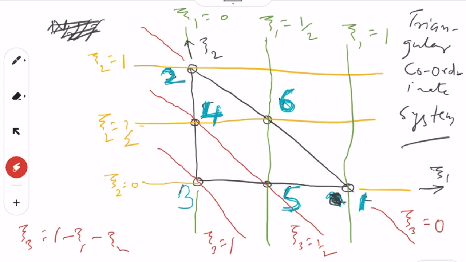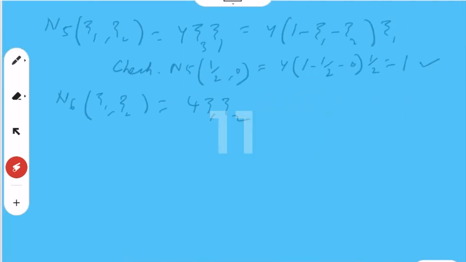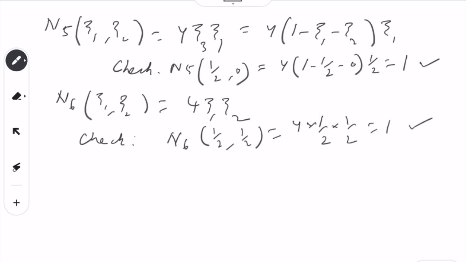So check n6 at half and half: 4 multiplied by half times half is equal to 1. So that is correct, and all other places it will be 0.